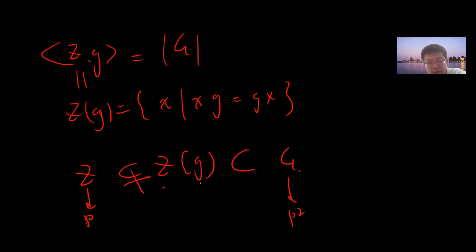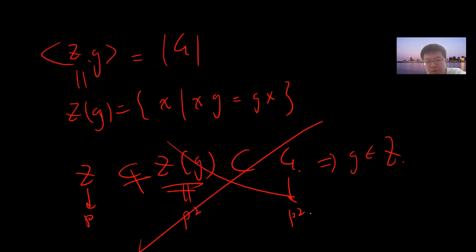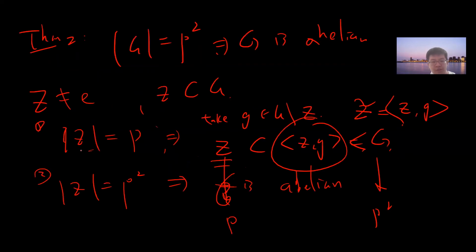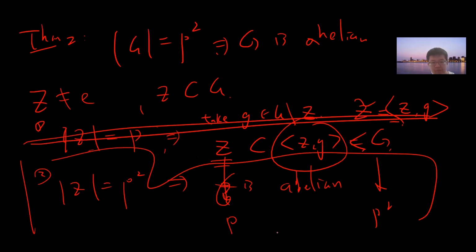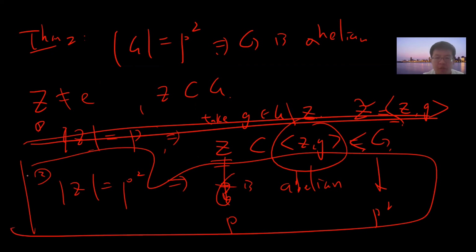These are not the same, so the only case is that Z(g) has order p squared. But Z(g) having order p squared means that everything commutes with g, so g should be in the center. But I took g to not be in the center, so this is a contradiction. So this case cannot happen. The only case is that Z is p squared, and G is abelian. Okay, so this is another theorem.